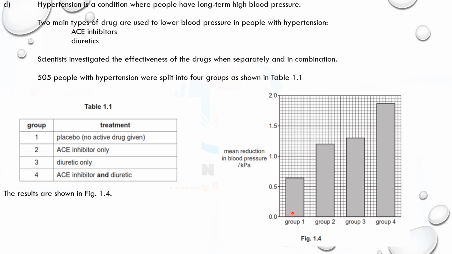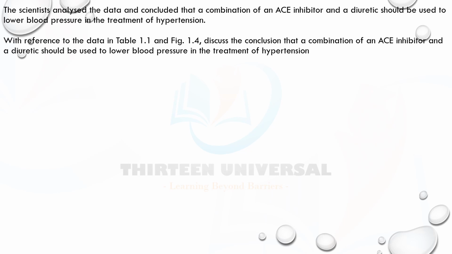We can use group 1, which is placebo. And we don't know the side effects or long-term effects of using group 4, ACE inhibitor and diuretic. The scientists analyzed the data and concluded that a combination of an ACE inhibitor and a diuretic should be used to lower blood pressure in the treatment of hypertension.